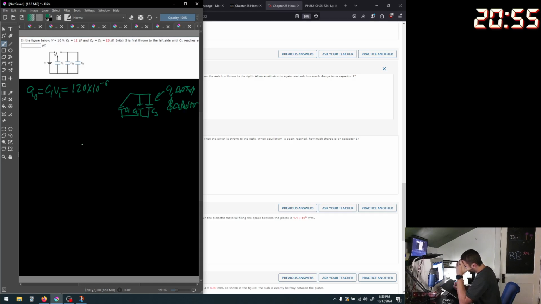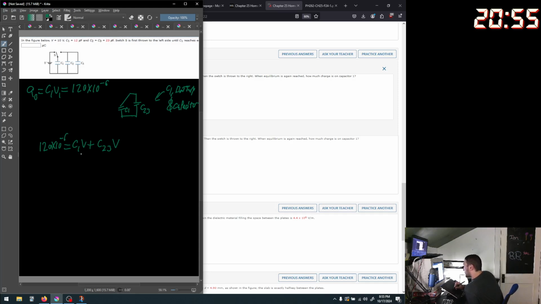So what we write here is Q0 equals C1V plus, well, what we can do really is combine this and make it C23V. And we know Q0 is 120 times 10 to the negative 6.